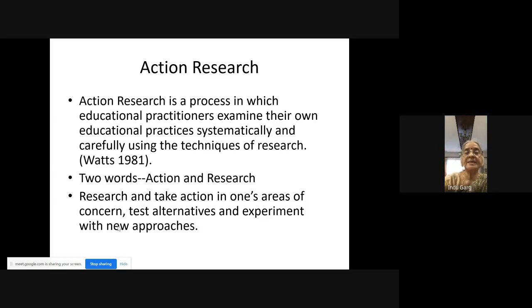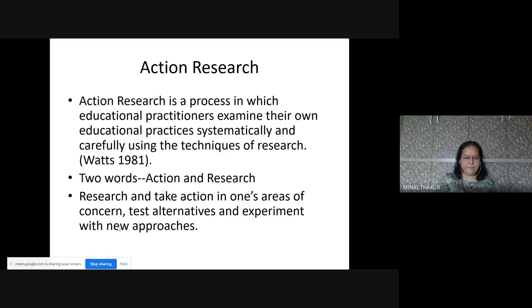Action research is a process in which you as teachers, educational practitioners, examine your own practice, your own method, very systematically, using the techniques of research. You will go in a logical, scientific manner to examine your own practice in your classrooms.